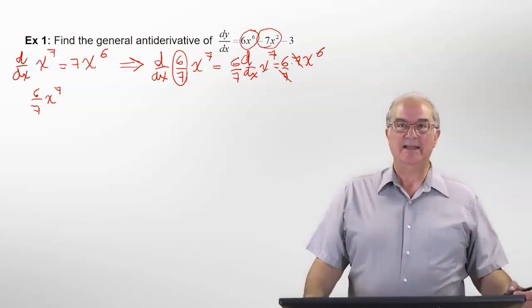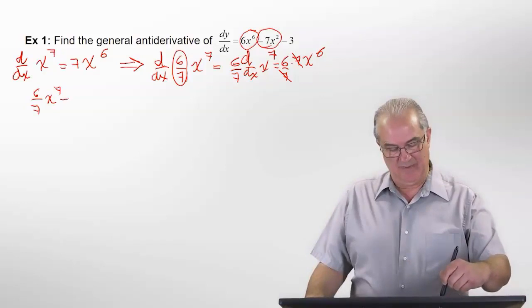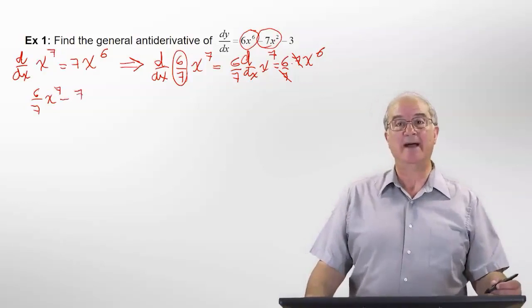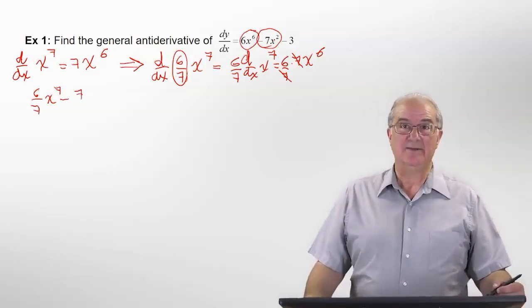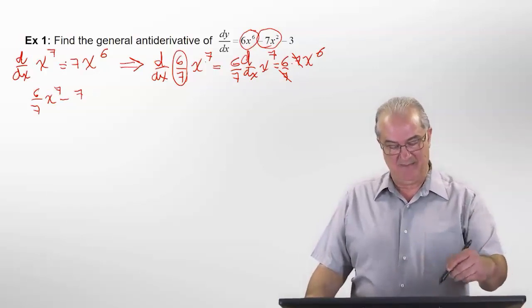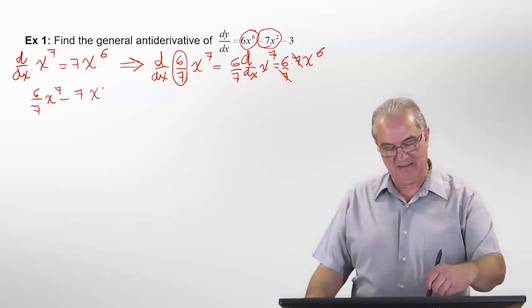We can do exactly the same thought process and say, all right, we can copy this constant that appears in front of the power x squared, and then an antiderivative of x squared, thinking exactly as we did up here for the x to the 6th, we see is x cubed divided by 3.